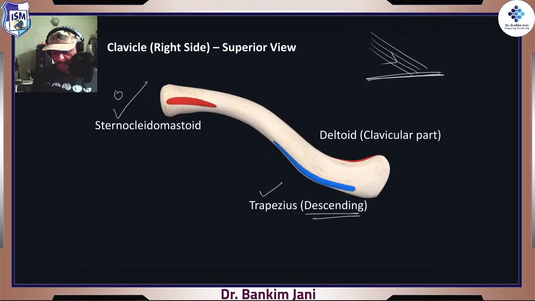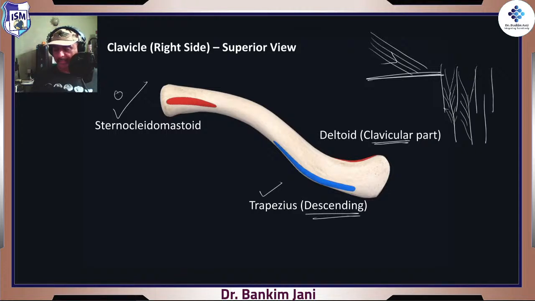And on the anterior side, there is the deltoid, right? Now you know why I am writing clavicular part. We are writing clavicular part as we know that the deltoid is not a single muscle, right? The name is given, but it has got anterior fibers, middle fibers, and posterior fibers, and for those middle fibers, when I draw like this, like this, the word which should come to your mind immediately, which is actually giving strength to the muscle, right?